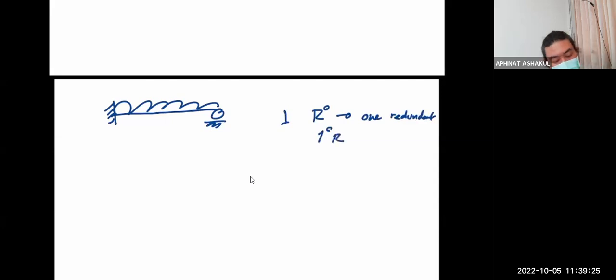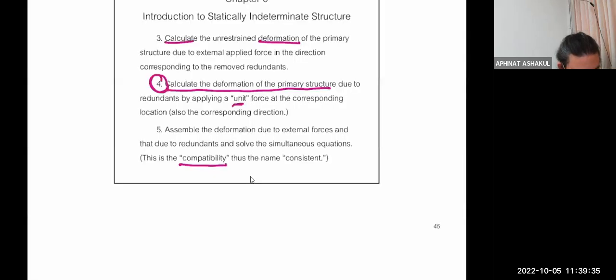So step number 1, determine R. Redundancy, we have 1 redundant. So we can say it's a 1 degree of redundancy. So the second step, what's that? We remove it, right? All right, primary structure.